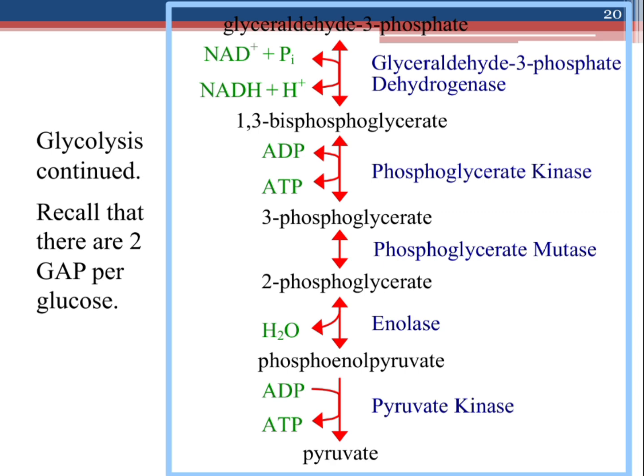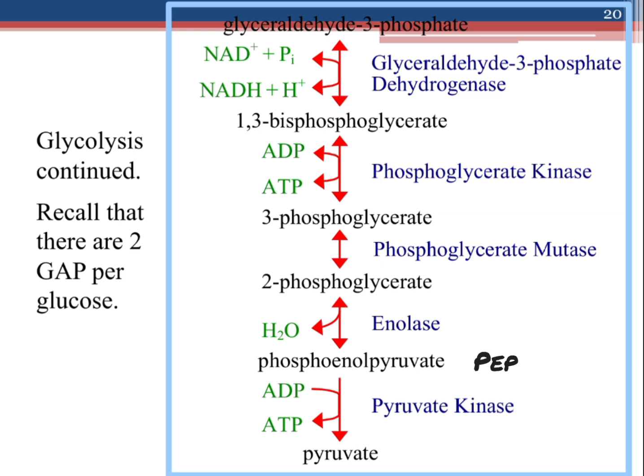Now, these 2 phosphoglycerate usually in the presence of enolase enzyme undergo a dehydration reaction where we see release of water. After that, that enables us to form a molecule known as phosphoenolpyruvate or PEP.